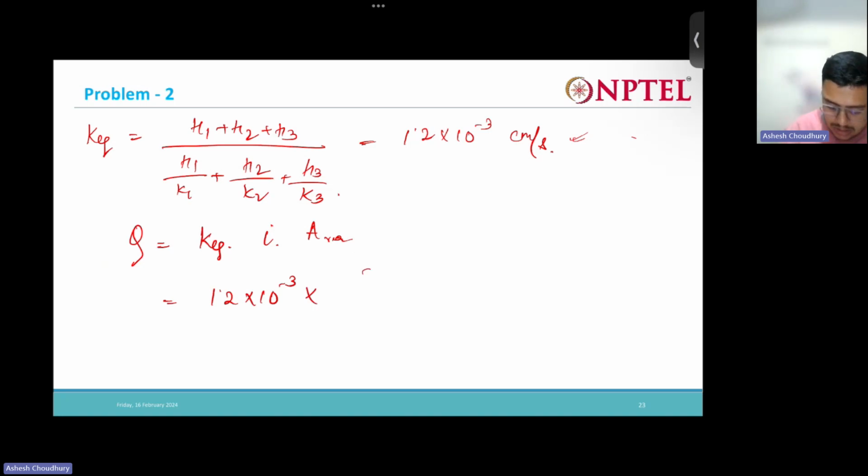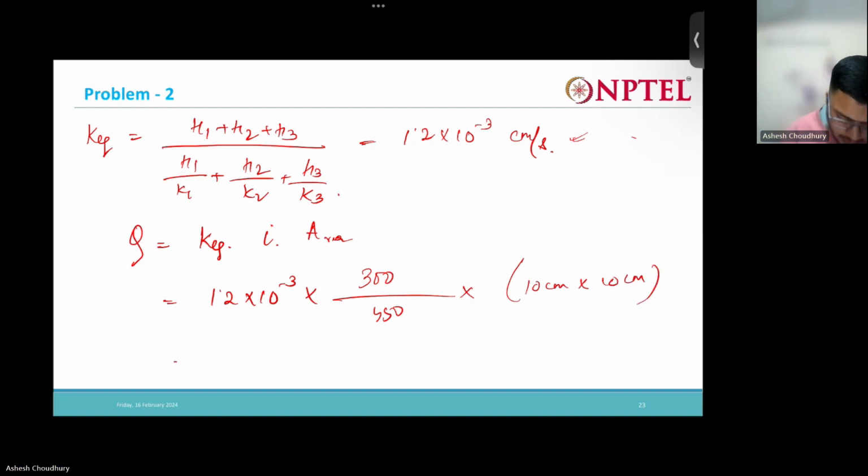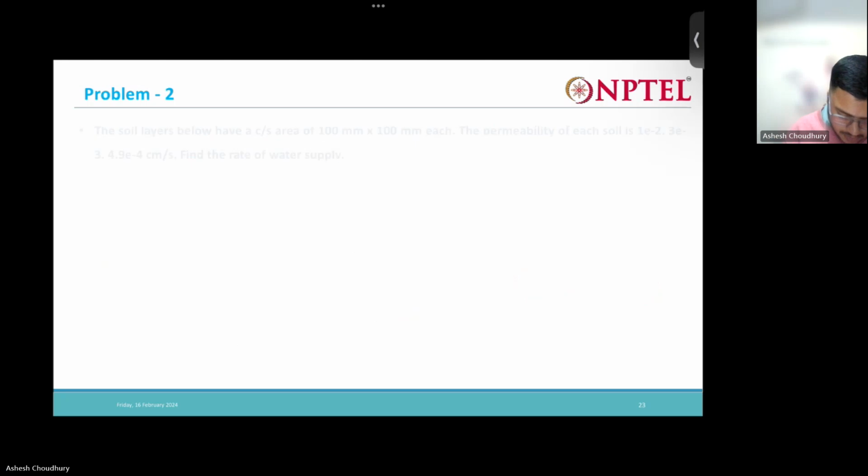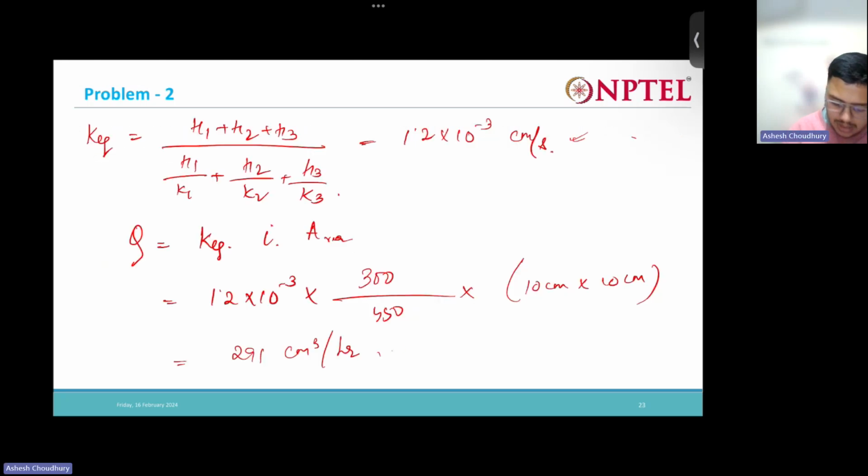The total head loss 300, length 150 plus 150 plus 150, 450, into area. This is 10 centimeter into 10 centimeter. It's 29, in cm cube per hour. Okay, so this will be the rate of water supply.